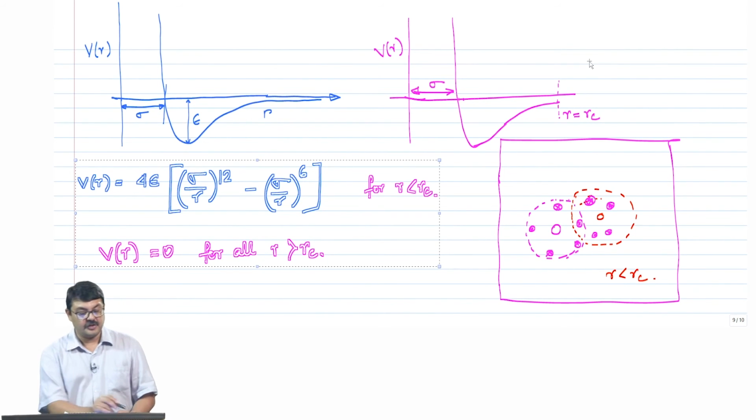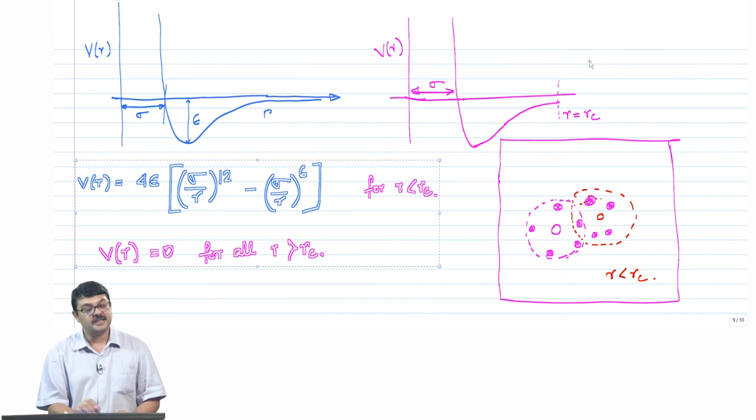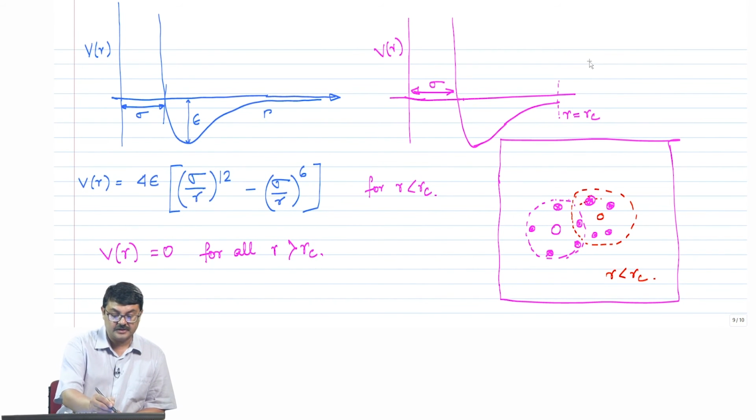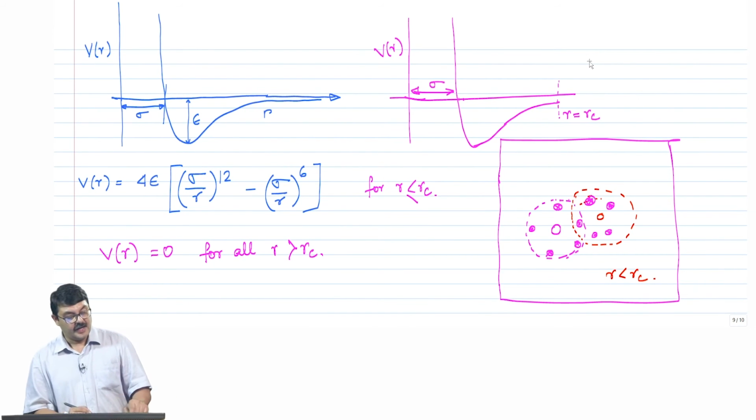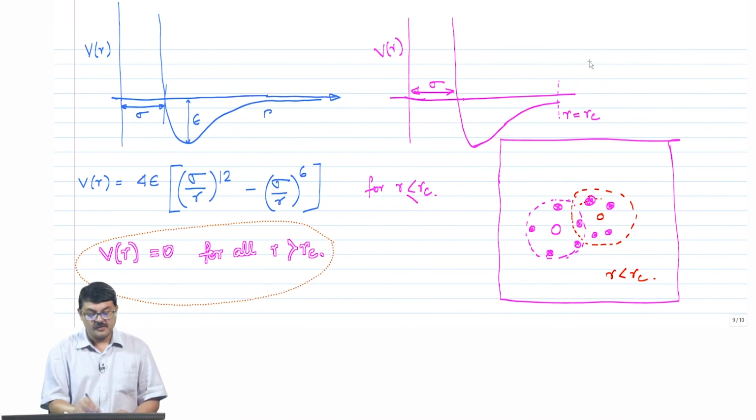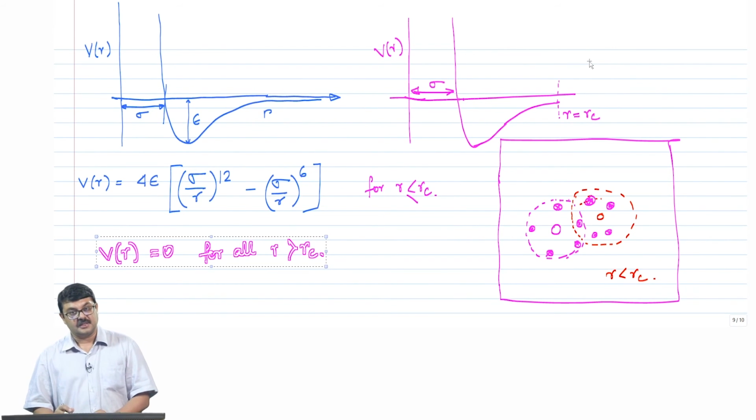V of R is the standard Lennard-Jones term for R less than or equal to R c, and V of R equal to 0 for all R greater than R c, where R is the distance between the centers of two particles.